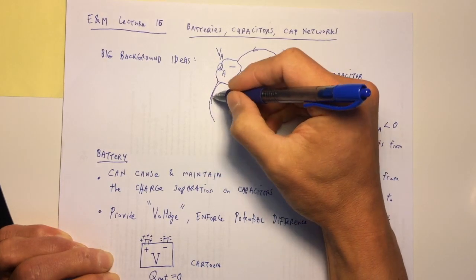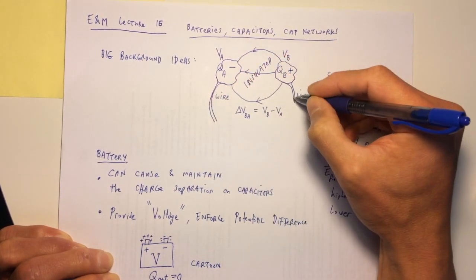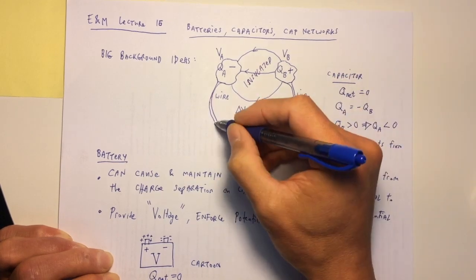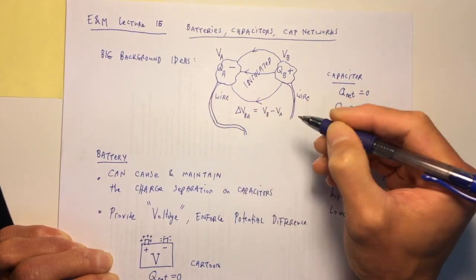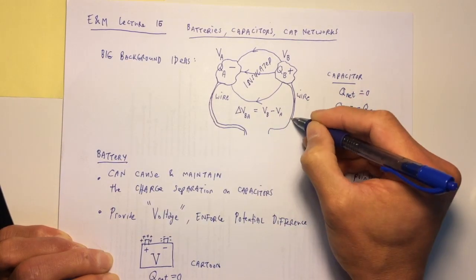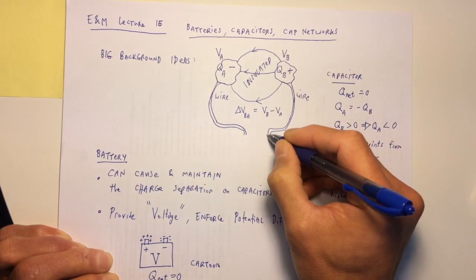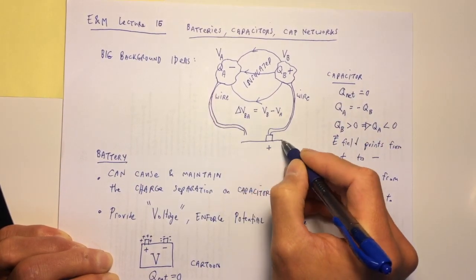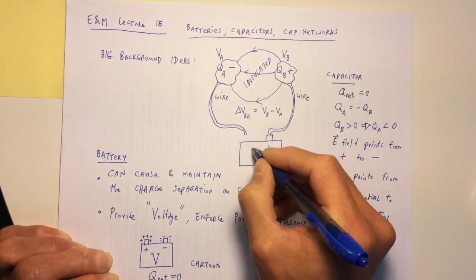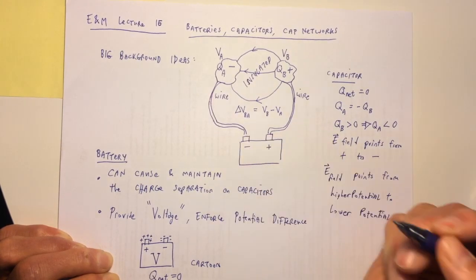So let me use the ductility of these metal wires, these conductors, and move them, bend them so that they go to the terminals of my cartoon battery. So remember, this has to be the positive terminal, and this is the negative terminal.